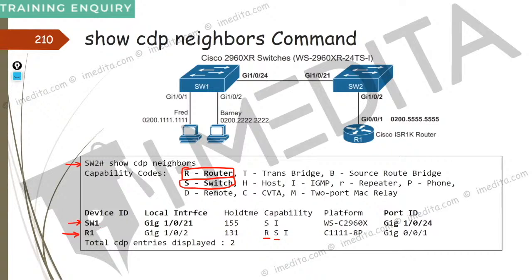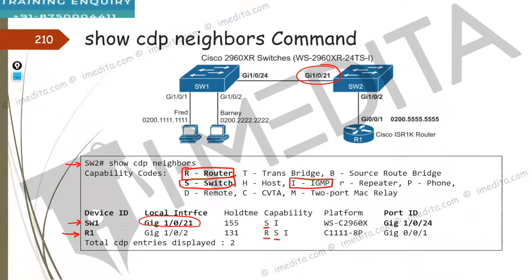On this other device, that is switch 1, connected on gig 1/0/21, it shows that it just has switching capabilities. Now, there is this I, which tells capabilities related to IGMP, which is used for multicast, but that is not too relevant right now. So I'll not go into that.